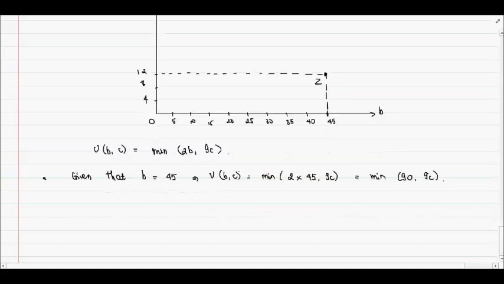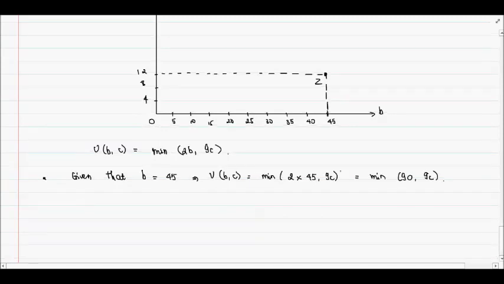Okay, so in order to keep the same level of utility at 90, because that is the level of utility of bundle Z, in order for the utility to equal 90, the number 9C has to be at least equal to 90.